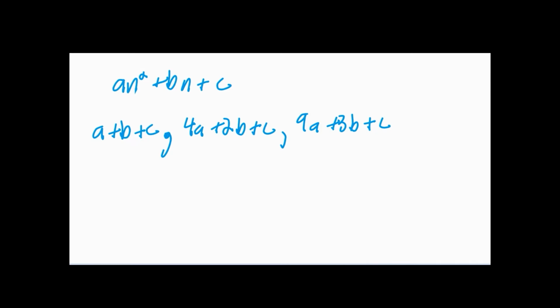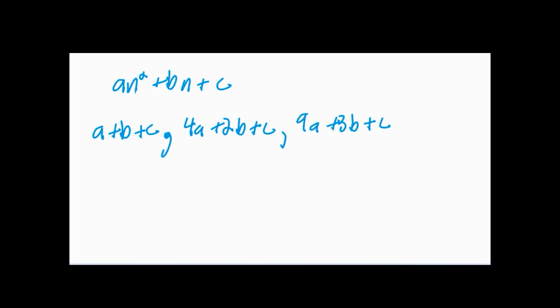So let's remember the process that we utilized. We found the difference of the terms, and it wasn't common. So we're going to find these differences. I'll just subtract like terms. So I'll do 4A minus A, that's 3A, and 2B minus B, that's B. The C's cancel.